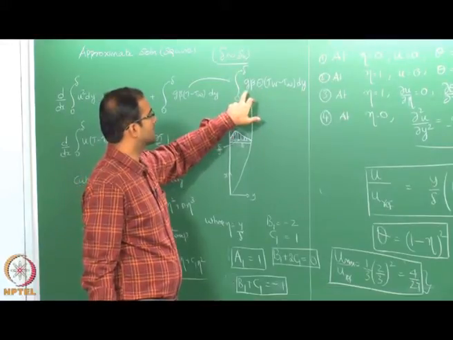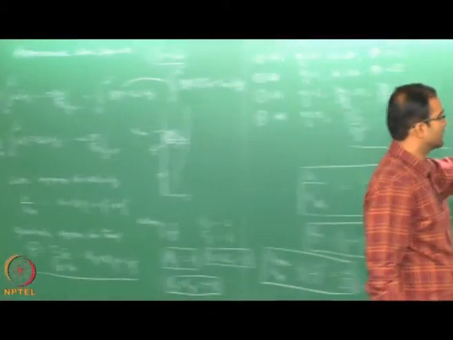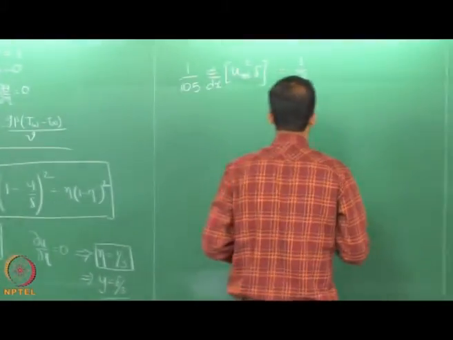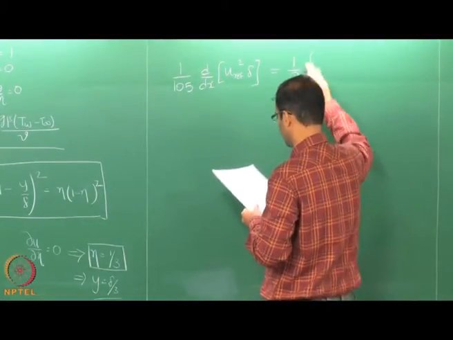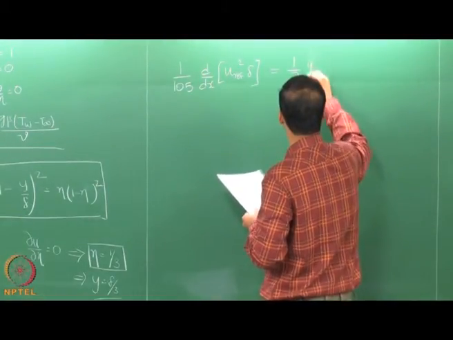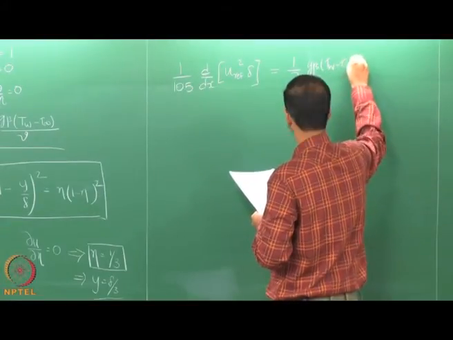The others are all constant, g beta t wall minus t infinity. If you integrate it, you will get 1 by 3 as the constant, and then g beta into t wall minus t infinity into delta.